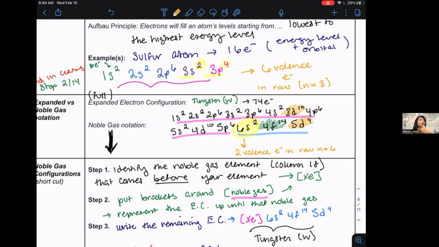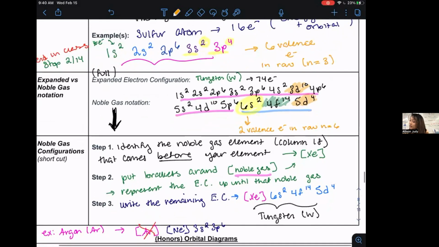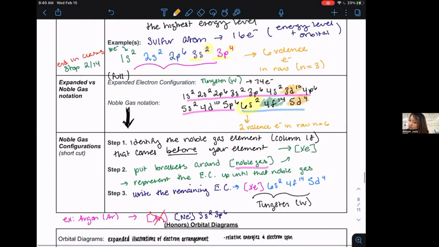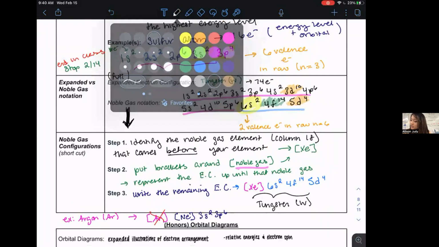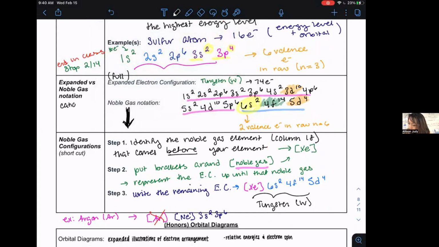Now, what if I asked you to put a charge onto this? You add and subtract electrons. What about a cation? When we lose electrons, you take from valence. So if I was a cation, I would take from the 6s2 and remove it.